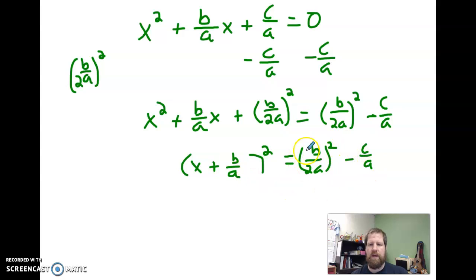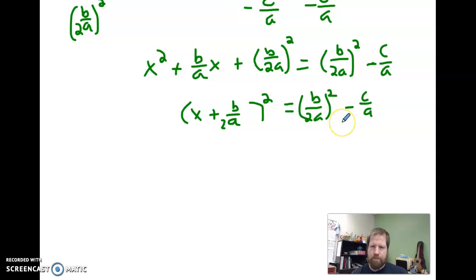The only problem is this stuff here. Oh, I forgot my 2 over 2a, sorry, this stuff over here. Okay, so I've got to try and clean this up a little bit. So I'm going to start by doing that square.